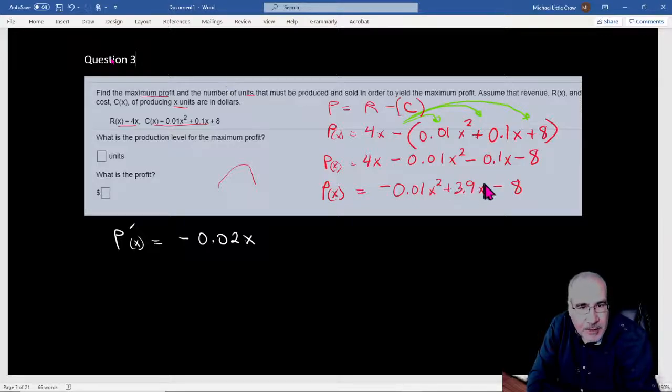The derivative here is just 3.9, because the 1 comes down, and 1 minus 1 is 0, x to the 0 is 1. The derivative of negative 8 is 0, so it's gone. Again, we set this derivative equal to 0 and solve. Let's subtract 3.9 from both sides.